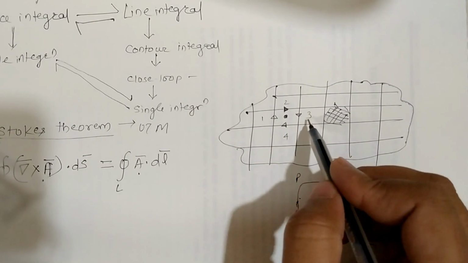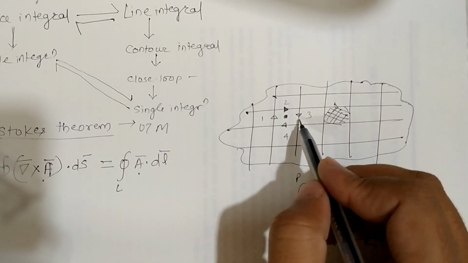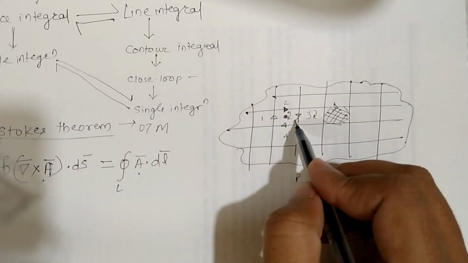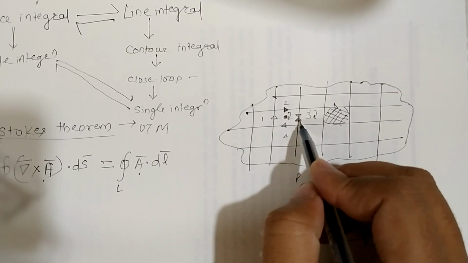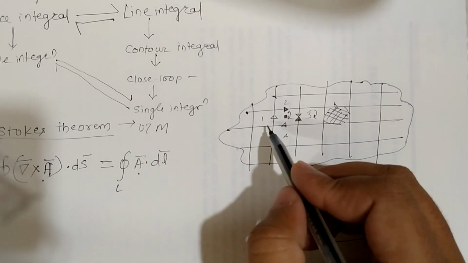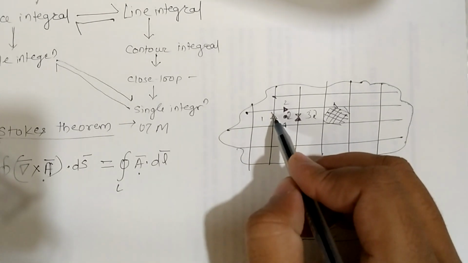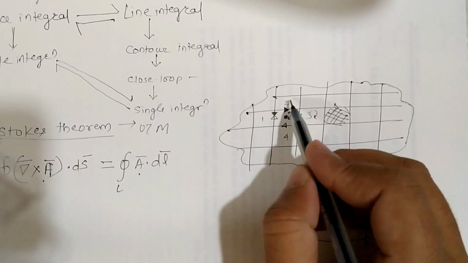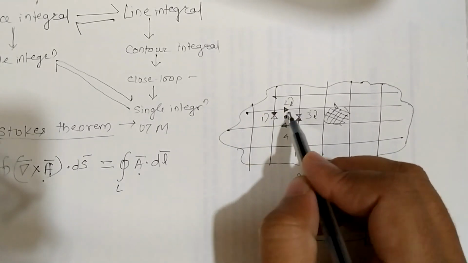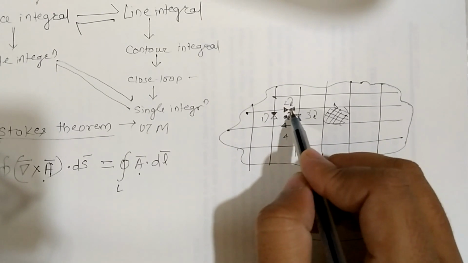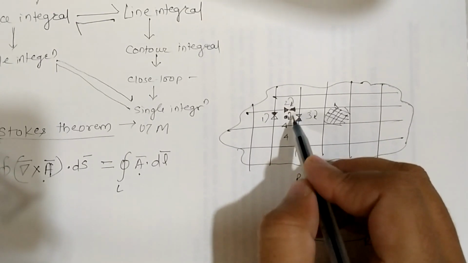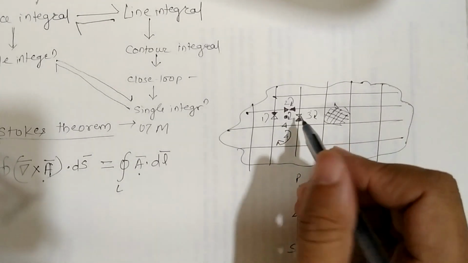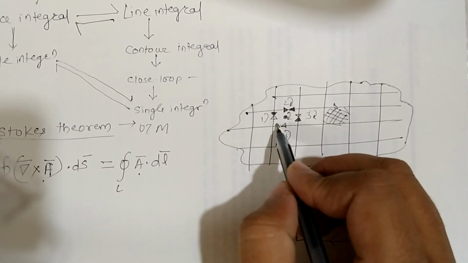For this third rectangle, if we consider the same clockwise direction, the direction will be this one. Again for the one, the direction will be on the opposite side. And for this two, direction will again be this one. And for the fourth, the direction will be opposite to this one.